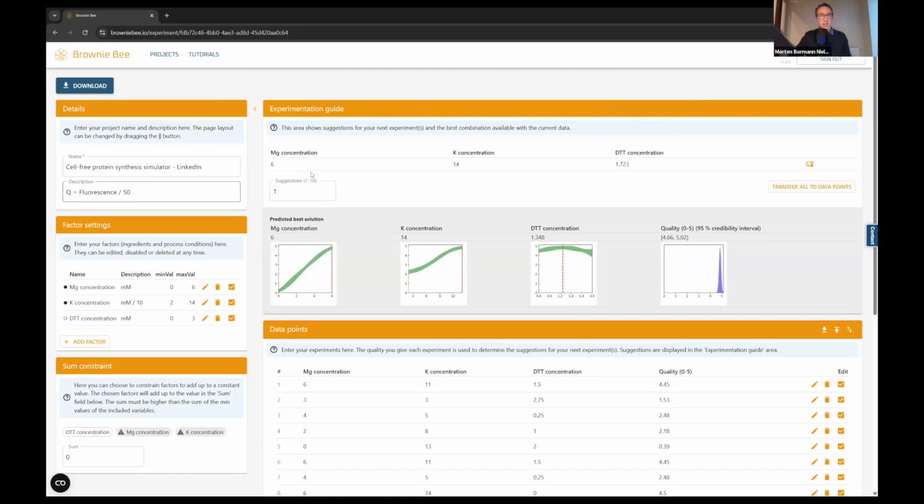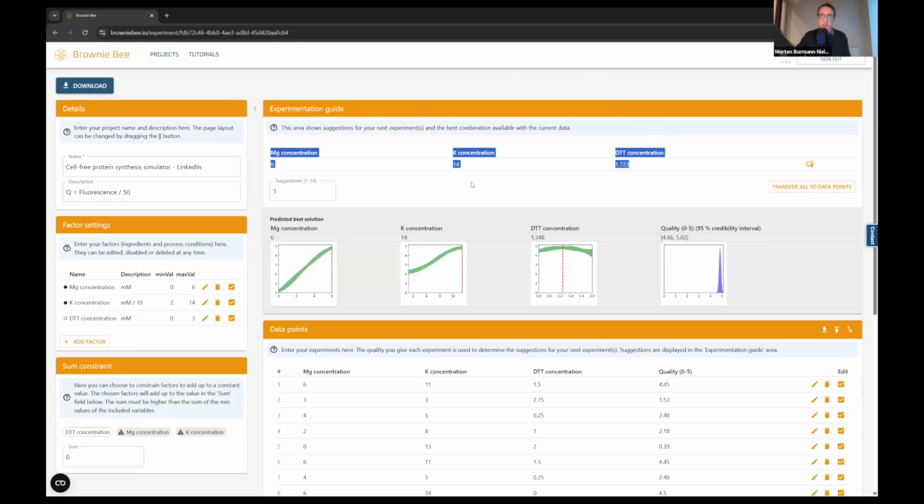So I mentioned that it's most efficient to run Bayesian optimization one experiment at a time because of the typical algorithm, this acquisition function that I showed you for choosing the next experiment. There's really only one place where the probability of reaching your goal is greatest, and that's the settings that Brownie B will suggest.